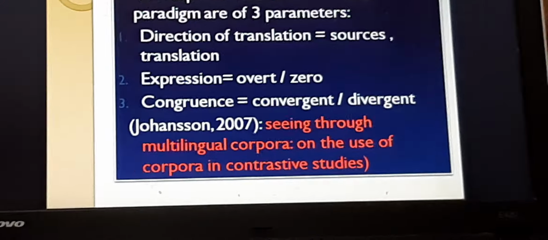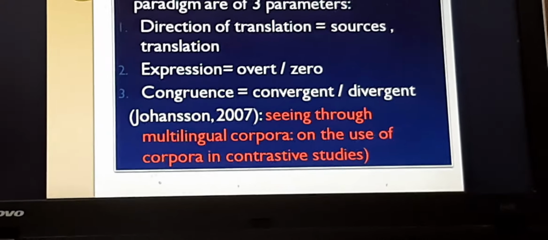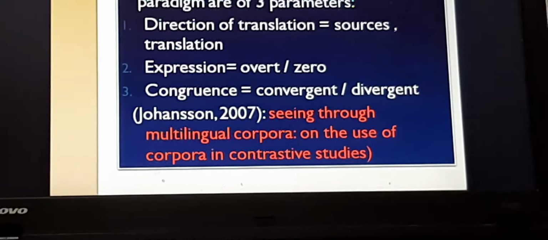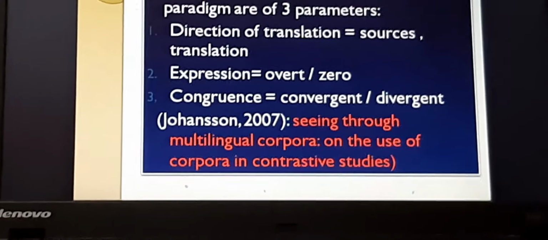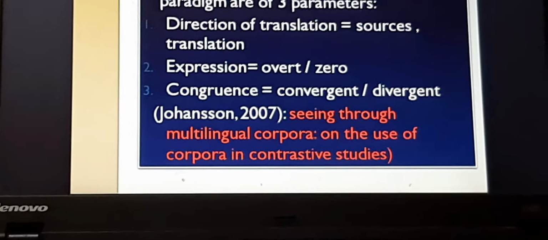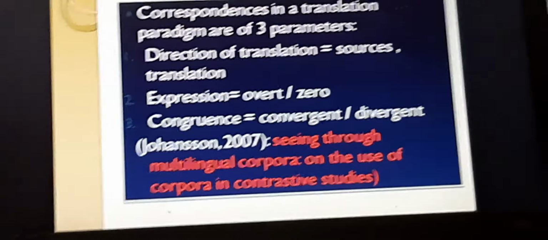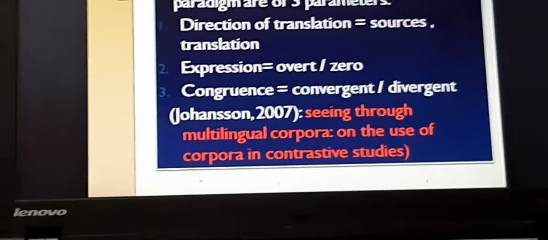You know that convergent and divergent are related to convergent thinking and divergent thinking. And I'm going to upload an external presentation showing the difference between convergent and divergent thinking, because this is highly necessary in understanding this parameter.